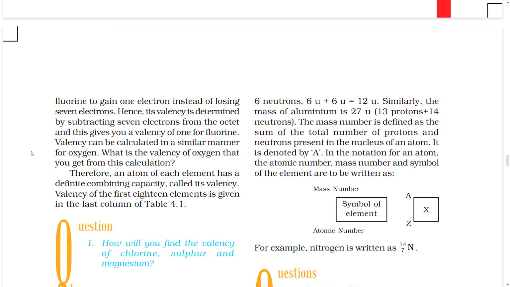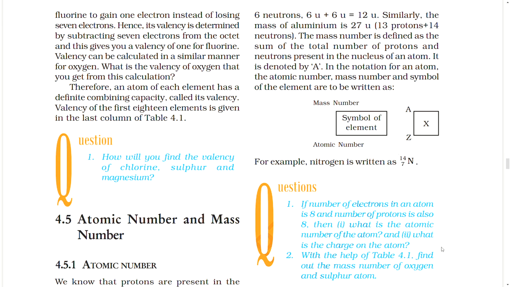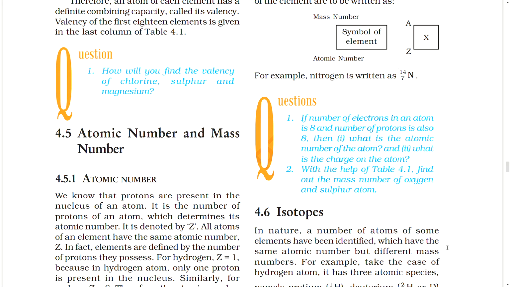It is denoted by A. In the notation for an atom, the atomic number, mass number and symbol of the element are to be written as: symbol of element X, mass number A, atomic number Z. For example, nitrogen is written as 14N7. Questions 1, 2. Comment on this.